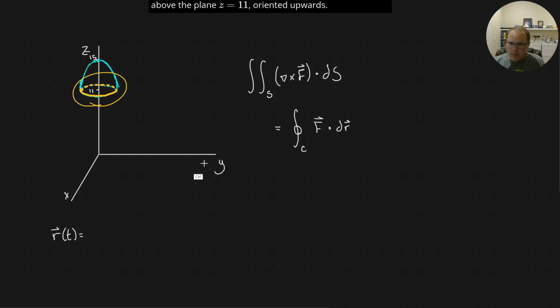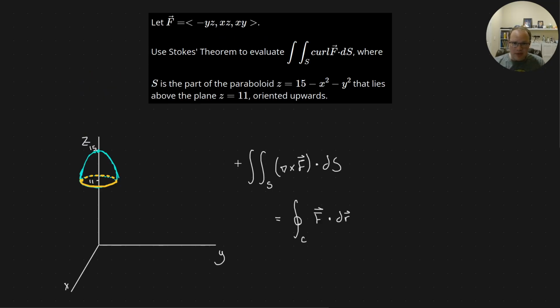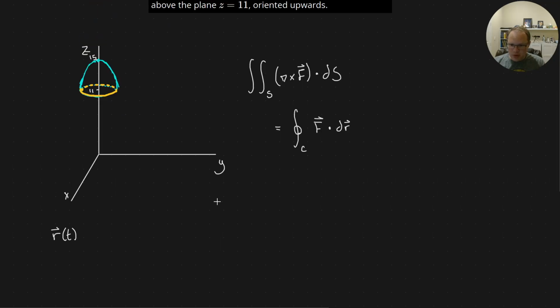Okay, so our boundary here at z equals 11, it's going to be this paraboloid, but at z equals 11. So let's grab that boundary.